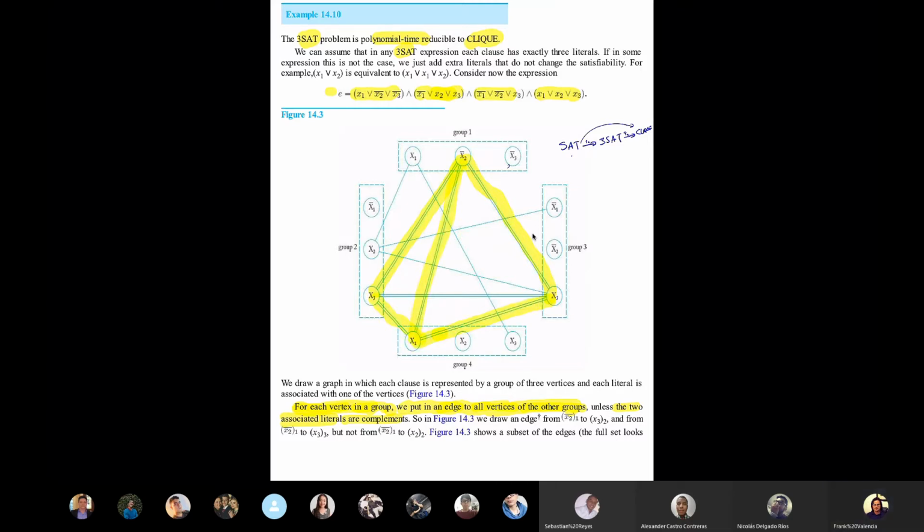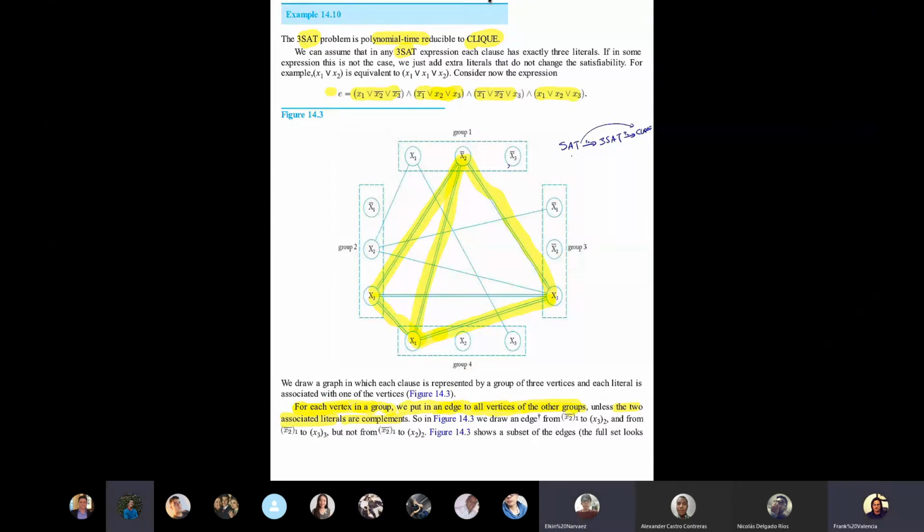Remember, Elkin, can you remind us what a clique of size 1, 2, 3, 4 is? Click de tamaño 4 es camino simple. Es un camino simple que usa todos los nodos.